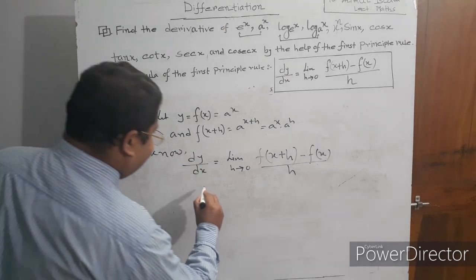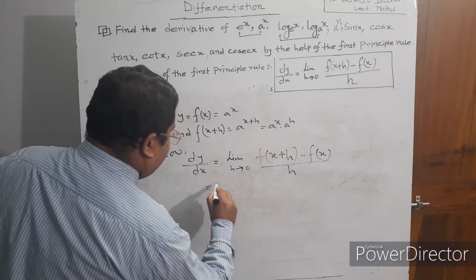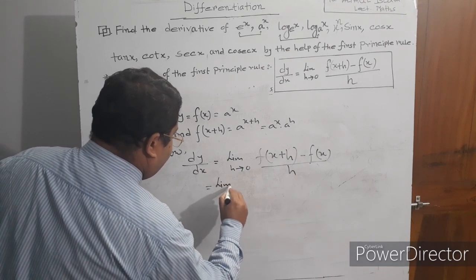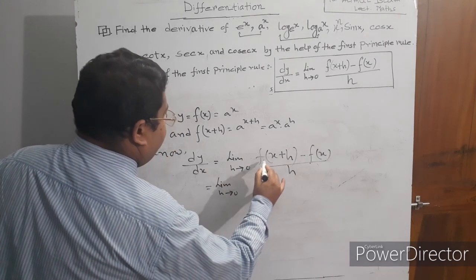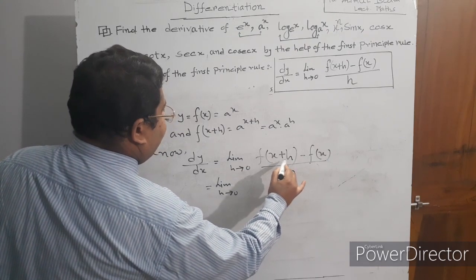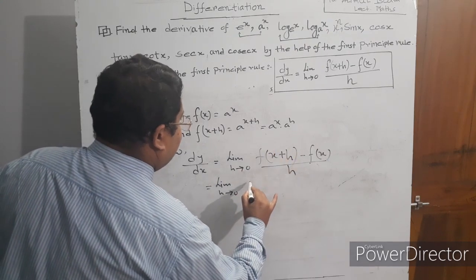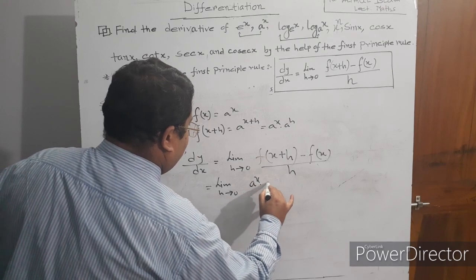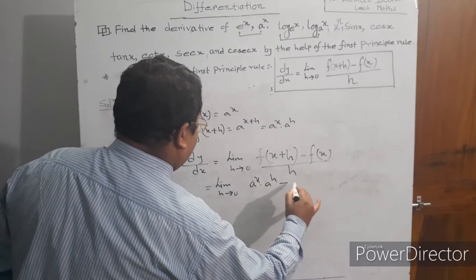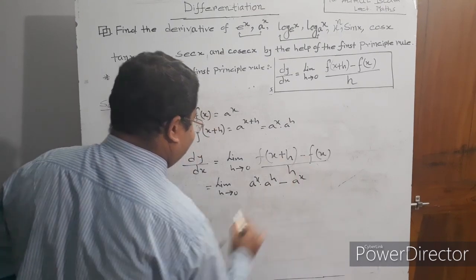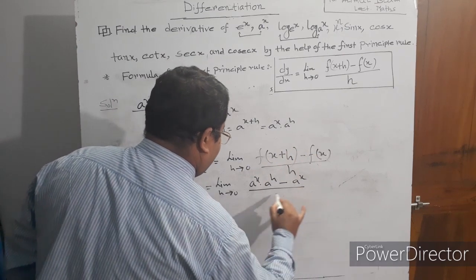You write it: limit h tends to 0, value of function of x plus h is a to the power x into a to the power h, minus a to the power x, divided by h.